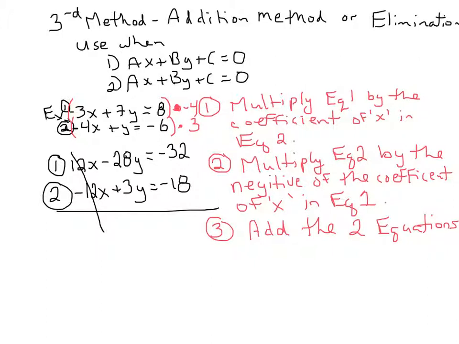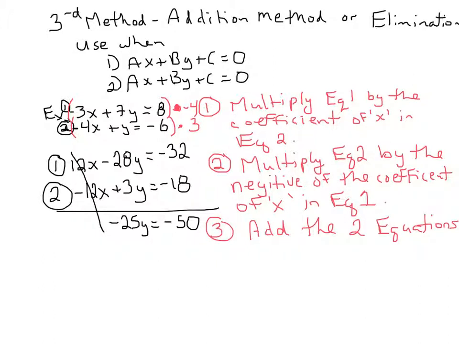Now I have negative 28 plus 3, negative 25y, equals negative 32 plus negative 18 is negative 50. Okay.